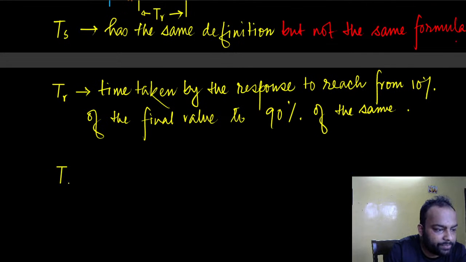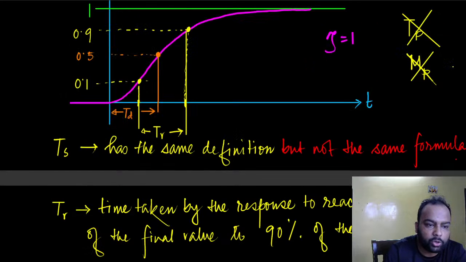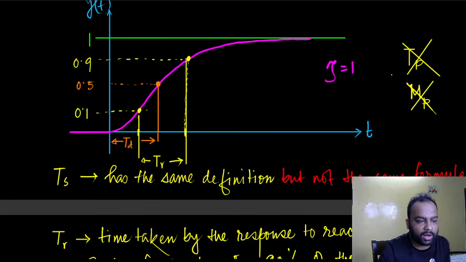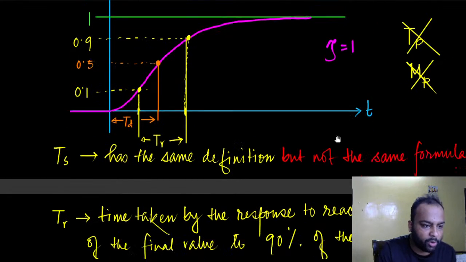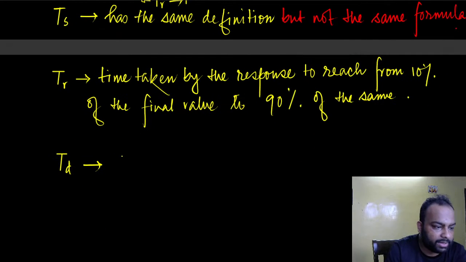What is the delay time? So we have another definition. Two of the previous parameters, peak time and peak overshoot, are no longer there. Now we have another time called the delay time.